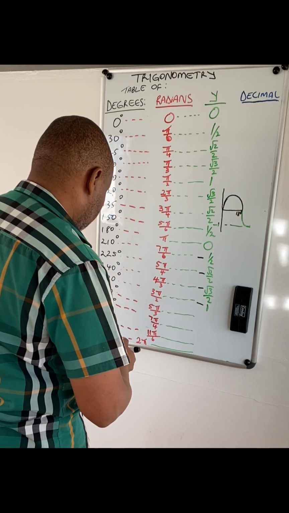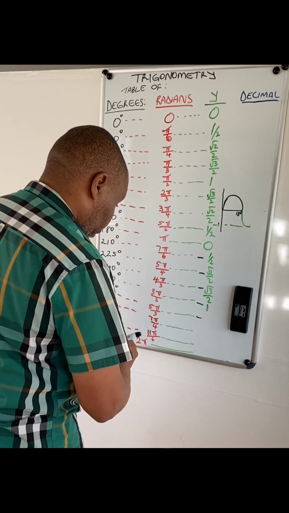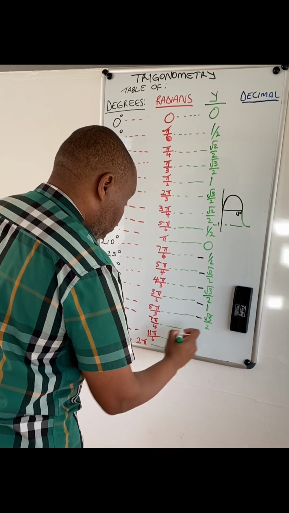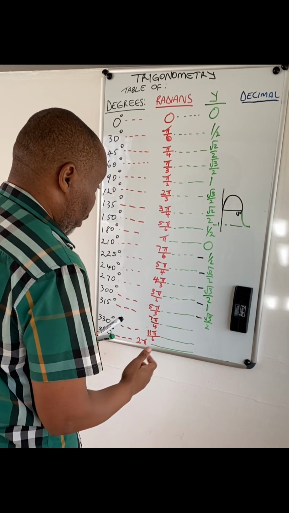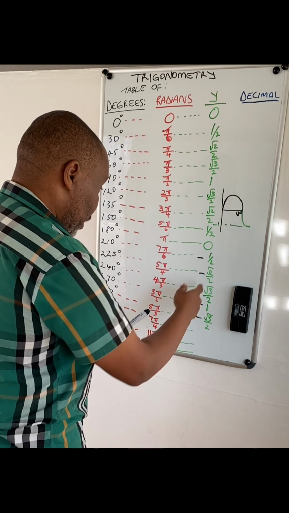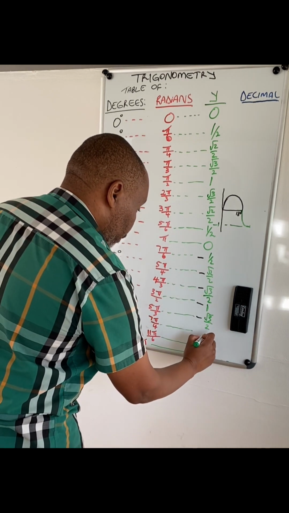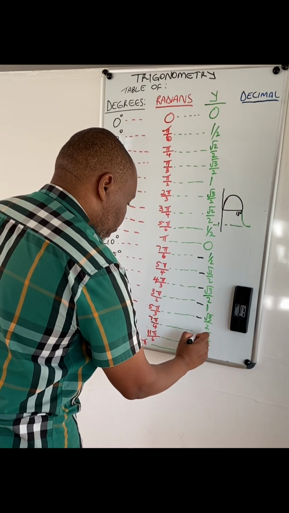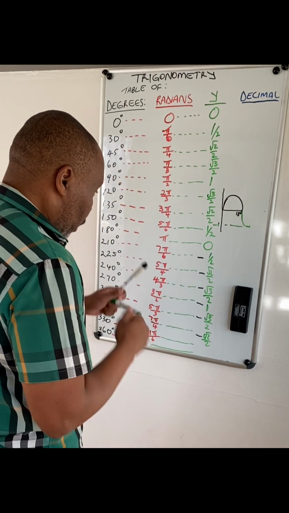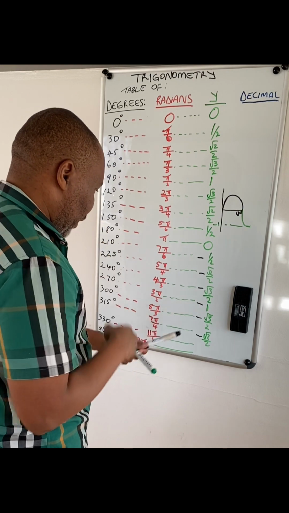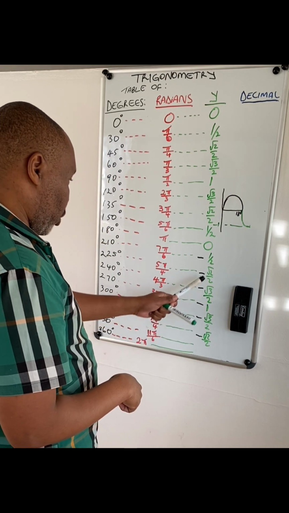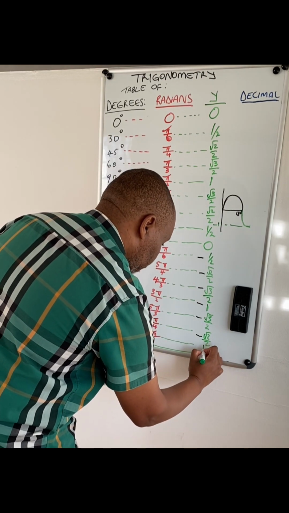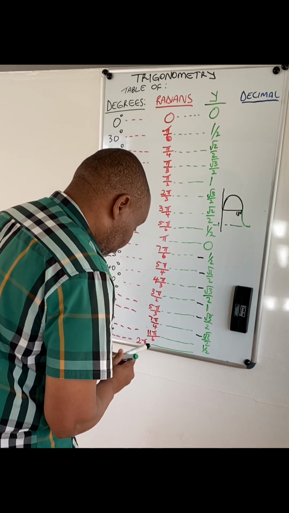So it will be a negative root 3 over 2, which is, remember, in decimal form, 0.866. It comes back to negative root 2 over 2, which is negative 0.707, and then it goes back to a negative half, here at 330, which is negative.